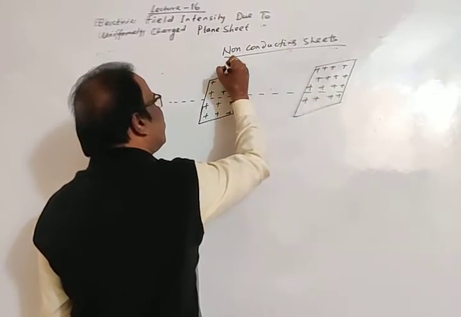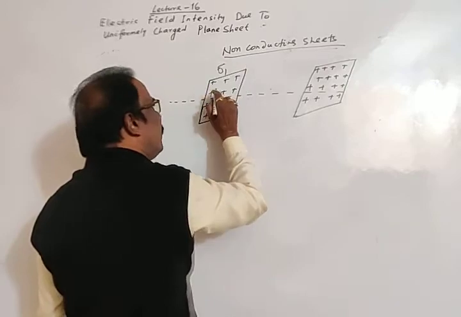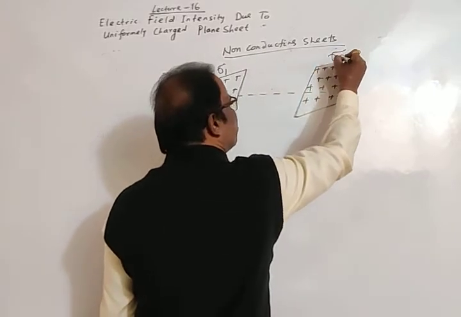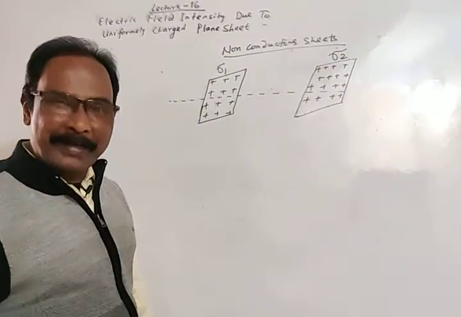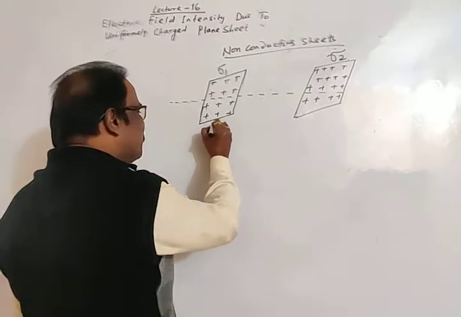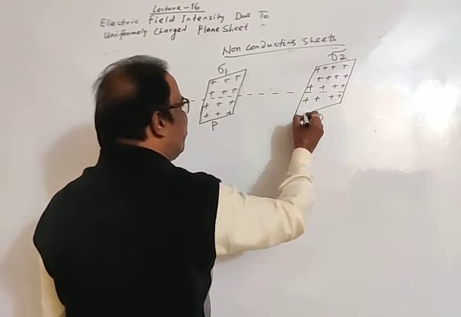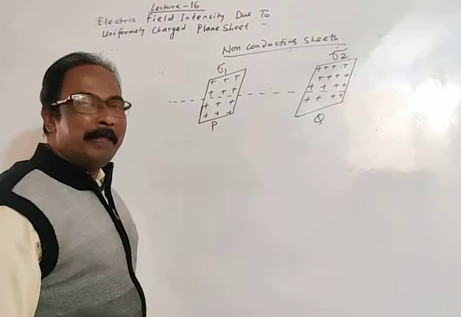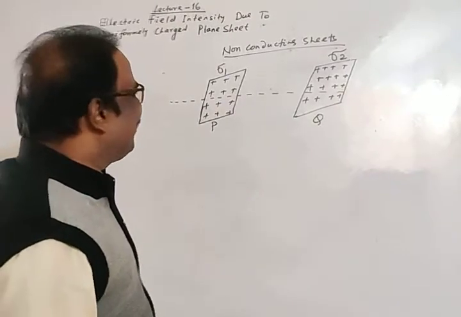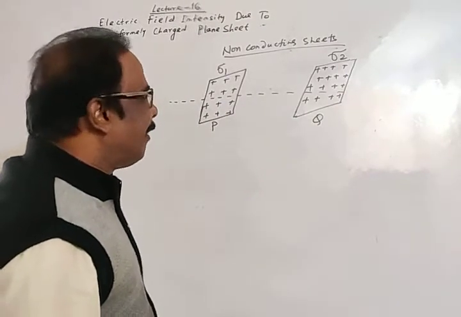Let charge density be sigma 1 for this plate and sigma 2 for this plate. Let this plate be P and this plate be Q. Both are non-conducting flat sheets, with charge densities sigma 1 and sigma 2.